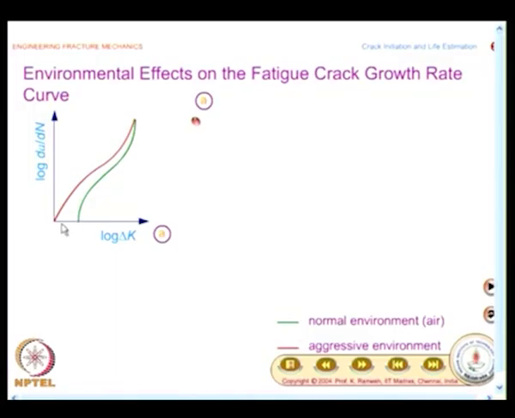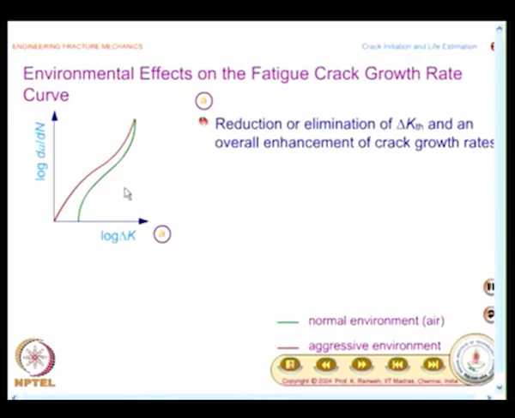In an aggressive environment, it can be 0, and there is a significant increase in crack growth rate even in the crack growth phase, that is region 2, where you also have a higher crack growth rate. And this kind of graph is seen for a particular kind of environment.